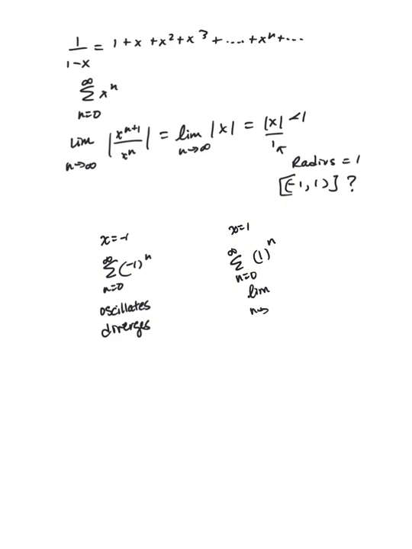The limit as n goes to infinity of 1 to the n is just 1, which is not 0. So this diverges by the nth term test. So you don't gain any endpoints. Therefore your interval is -1 to 1.